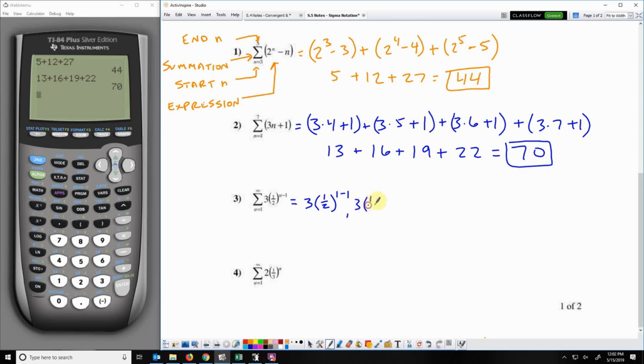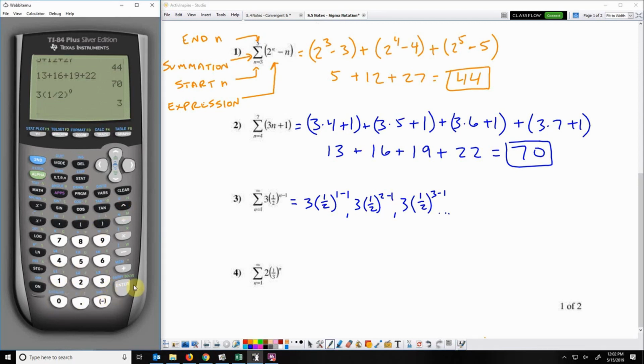3 times 1/2 to the 2 minus 1. And 3 times 1/2 to the 3 minus 1. Okay, so 3 times 1/2 to the first power. 3 times 1/2 raised to the 1 minus 1 is actually the 0 power.